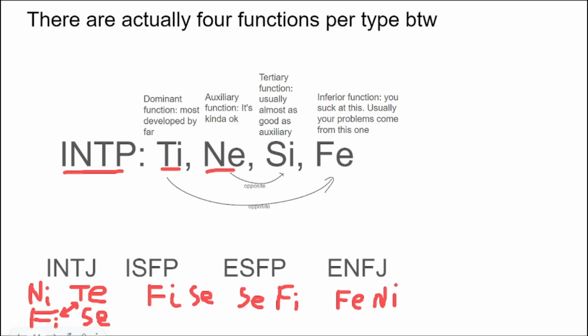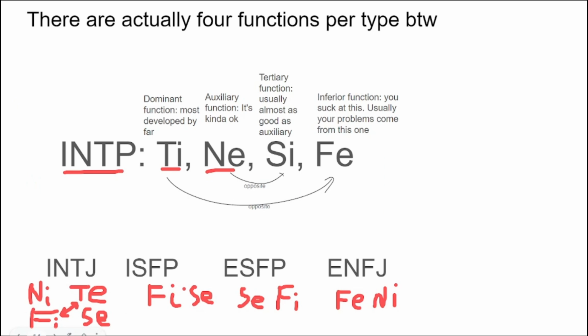Yo, he's so good. You are actually Myers-Briggs himself. Wait, so for ISFP, the third function is going to be NI and the fourth is going to be TE? Yes, you've got it. We're going to do the other examples as well, even though you've got it. ESFP.